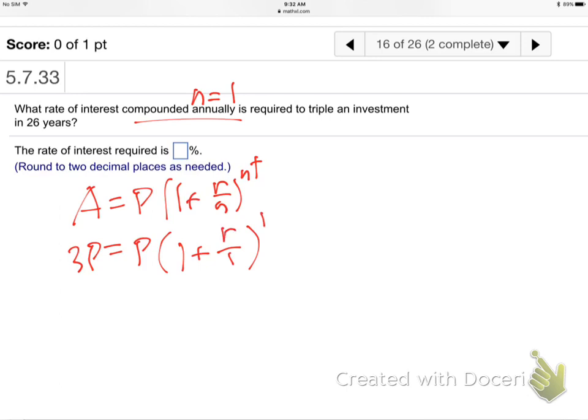The interest rate is what we're trying to find. The time is 26 years. Same thing. Is that good? You guys cranking it out okay?